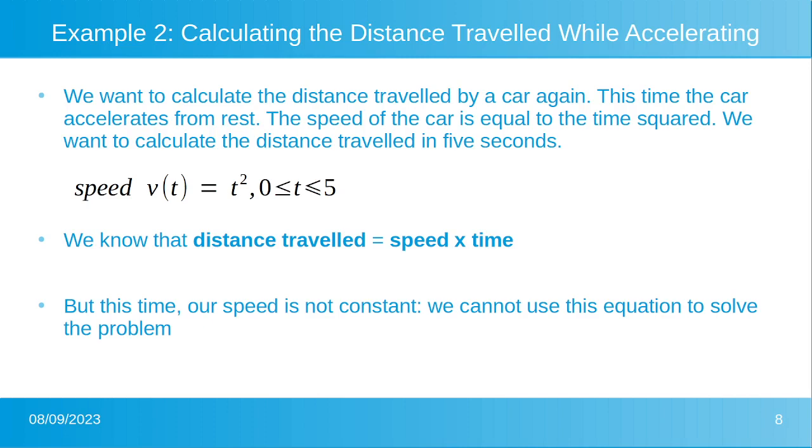At a time of 2 seconds, our speed is equal to 2 squared, which is 4 meters per second. So we don't have any single constant value of speed that we can multiply by that 5-second value. We can't simply use the distance traveled equals speed multiplied by time formula.